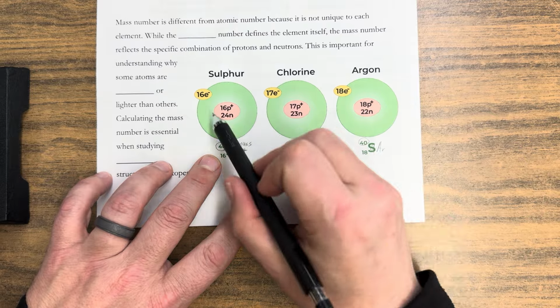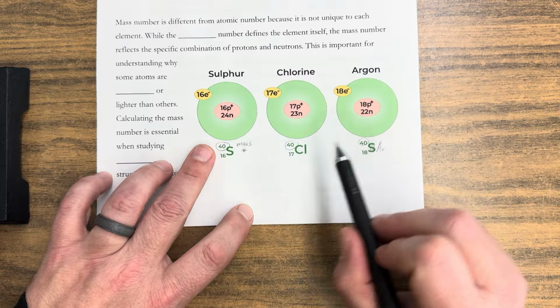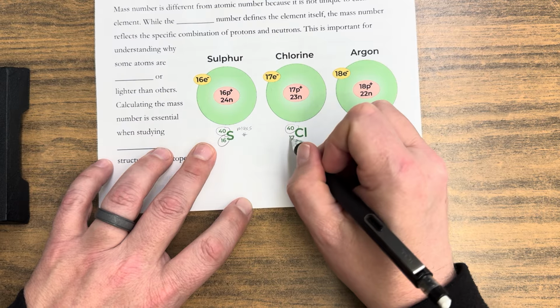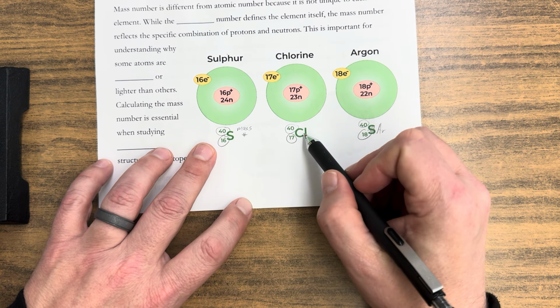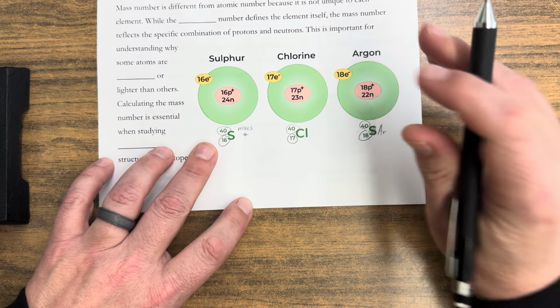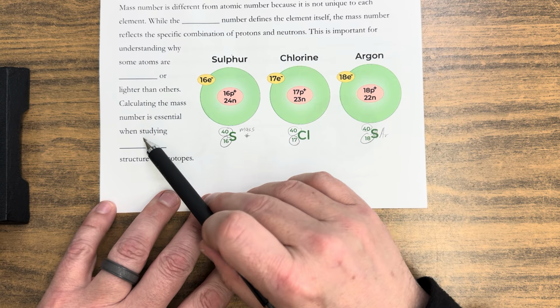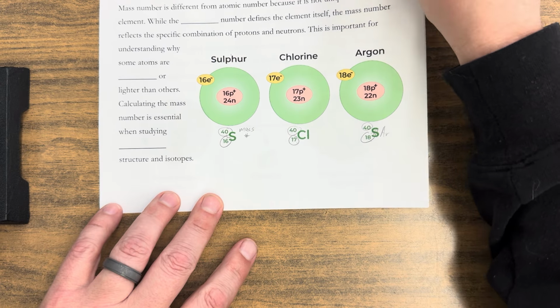So even though they're different elements, they have the same mass number, but they have a different atomic number. The atomic number for sulfur is 16, for chlorine 17, and for argon 18. Calculating the mass number is essential when studying atomic structure and isotopes.